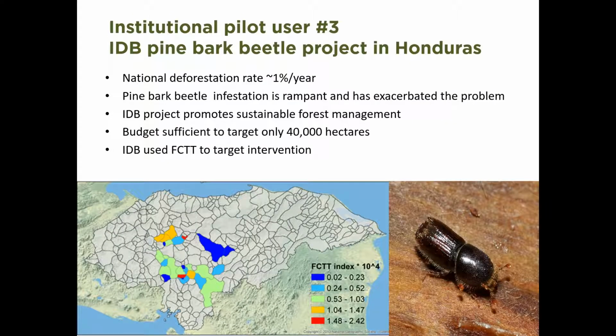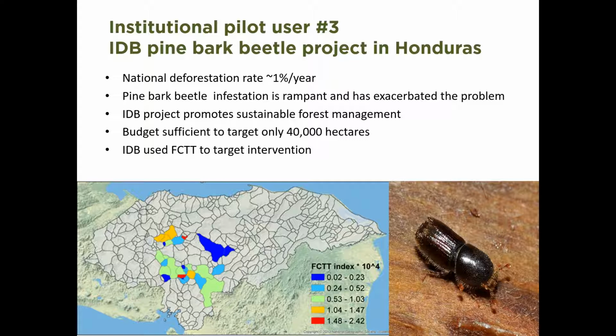Finally, the IDB also used the forest conservation targeting tool to support a separate forest conservation project in Honduras that was meant to address issues created by the pine bark beetle, which has caused lots of forest damage in the last 5 or 10 years in Honduras.